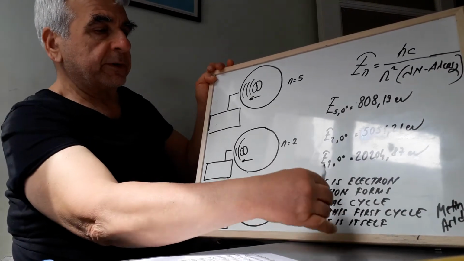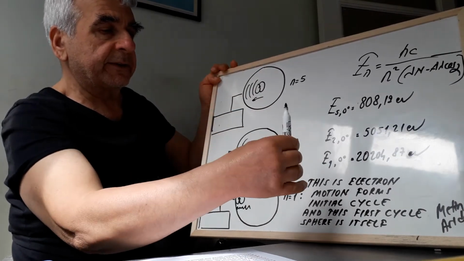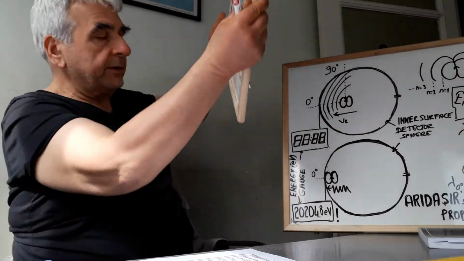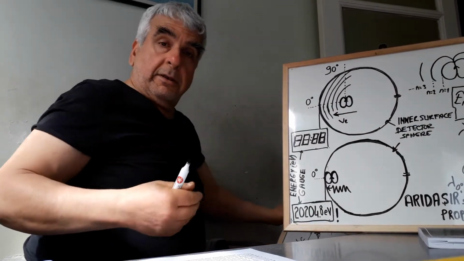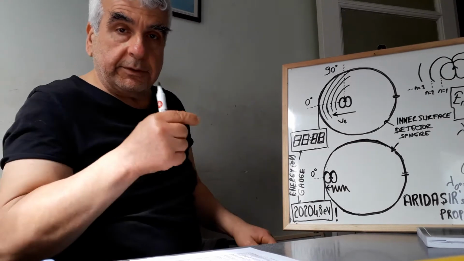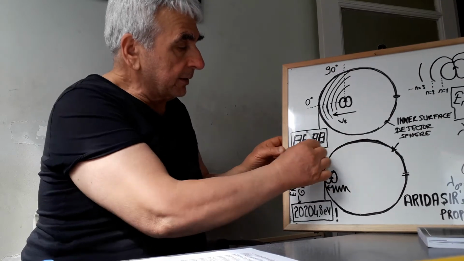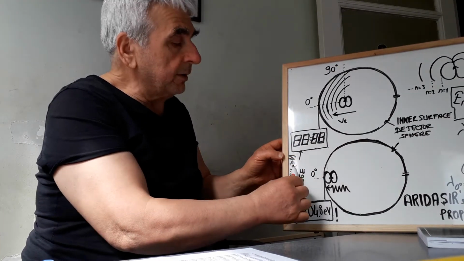Electron motion forms the initial cycle, and this first cycle sphere is itself. This is the electron. Okay, and it has a certain energy value. This is so important, and this is the gauge, energy gauge in eV.